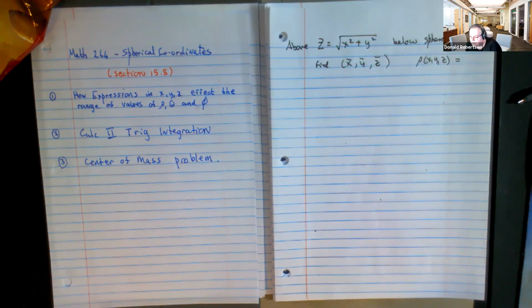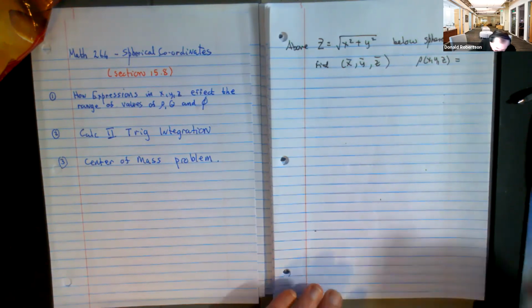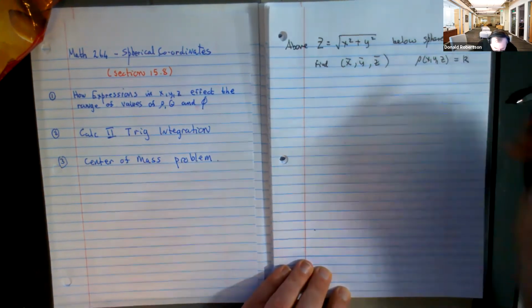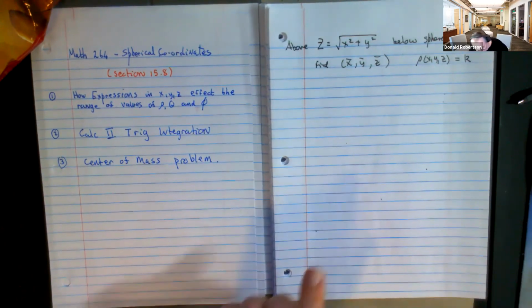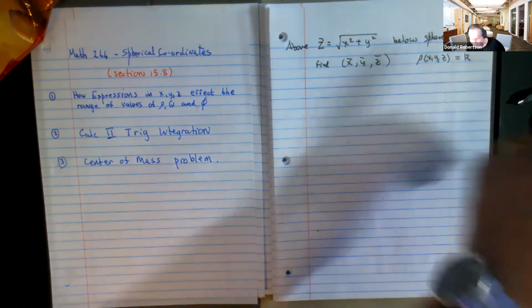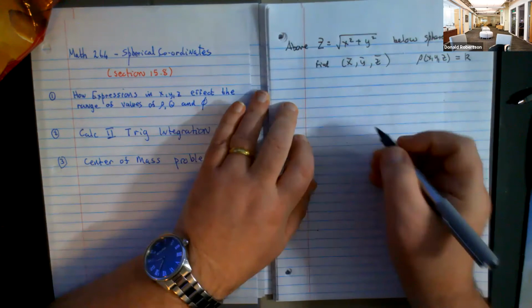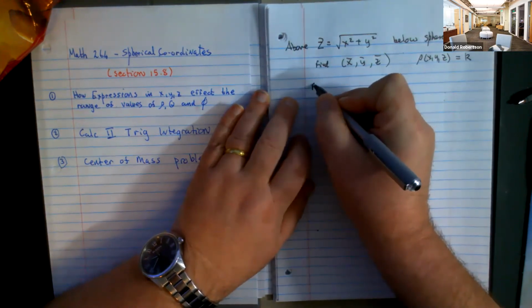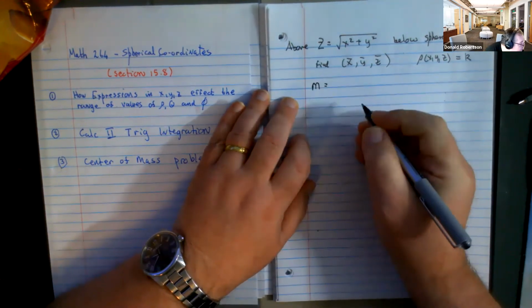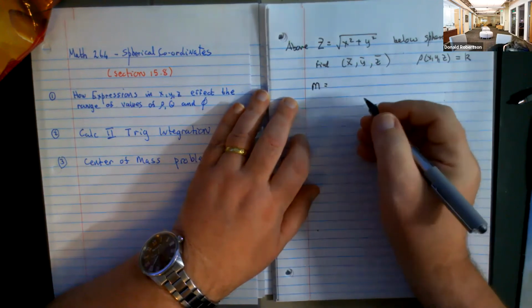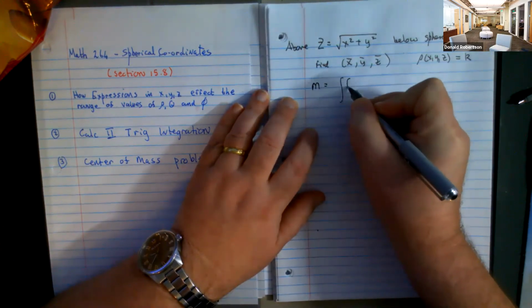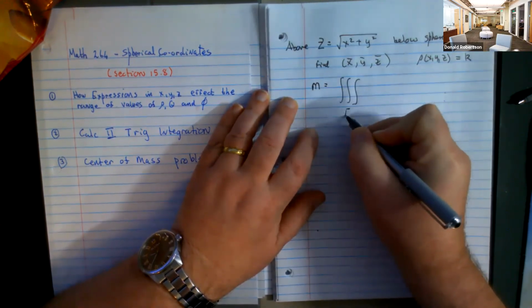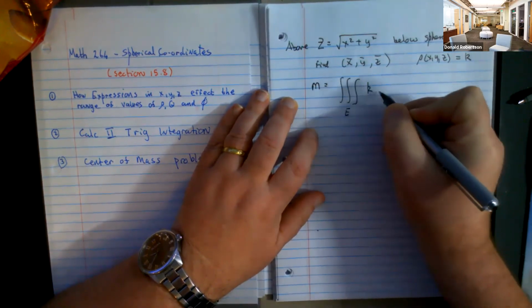So put in a K, keep them happy. What I was about to say is, I could have just made it 1, which would have made life easy. So we are trying to find first the mass, which in this case is going to be the triple integral over E of K dV.